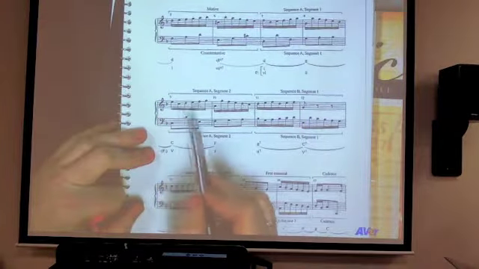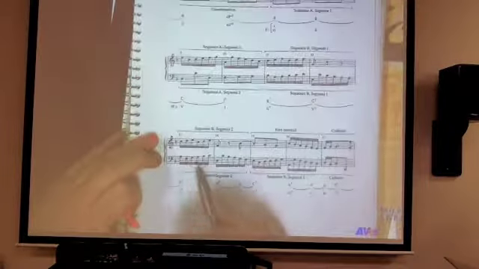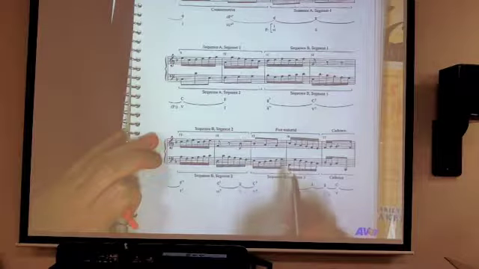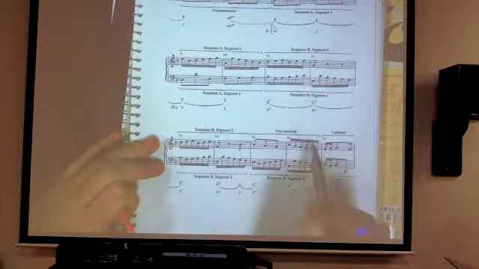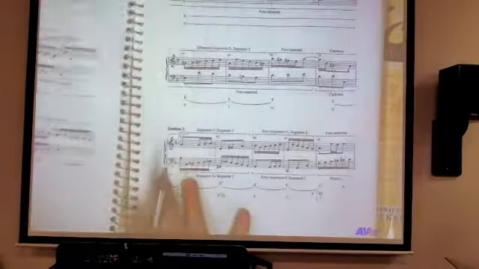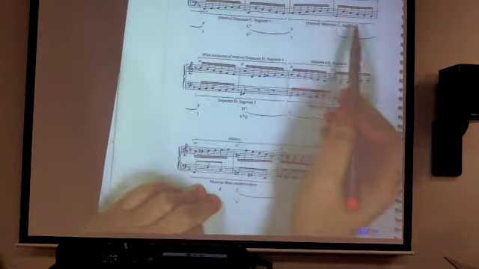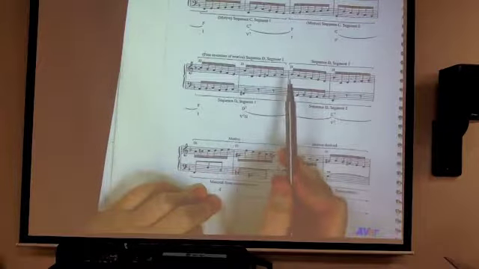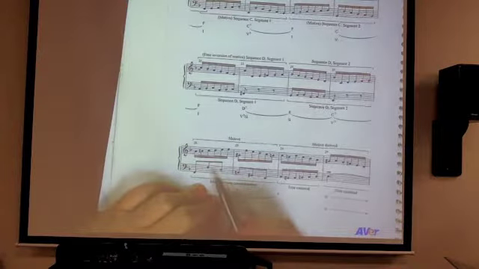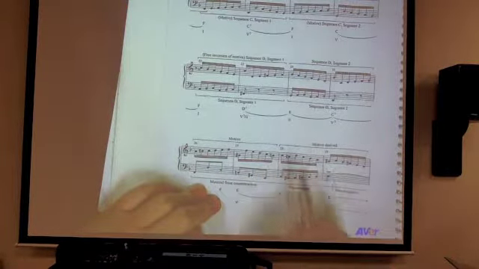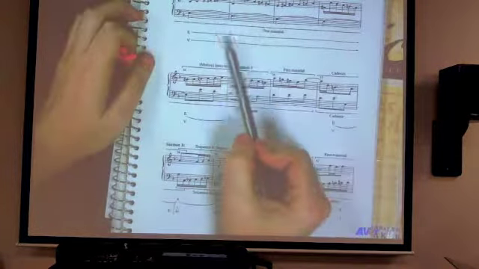So here's our sequence. So here's our free material cadence. Another sequence based on the first motive. Another sequence based on the first motive. This is called free material, this trill.